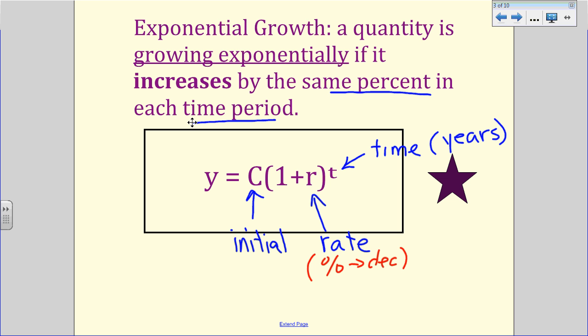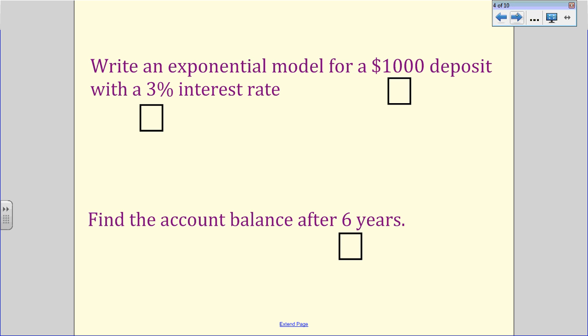If they tell you bacteria are doubling every hour, your time would have to be the number of hours that bacteria is growing. So you do have to read carefully to see how they're measuring their time. But like I said, for the vast majority of the problems, we're going to measure our time in years. All right, so let's take a look at what it asks you to do.